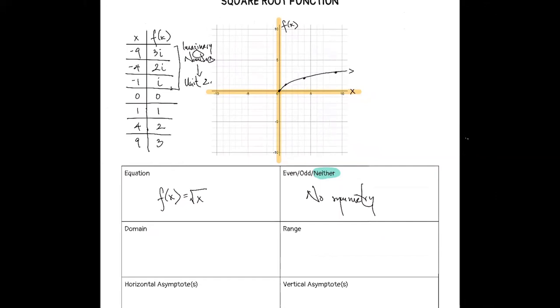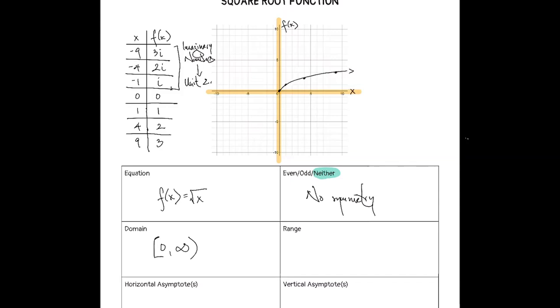So remember, when we write our domain, we have to go from left to right. So we need the smallest number first, and we can put 0 in. So we're going to use a bracket. And then the largest number we can put in, it goes all the way to infinity. So our domain is something we call restricted. It only goes from 0 to infinity. Okay?